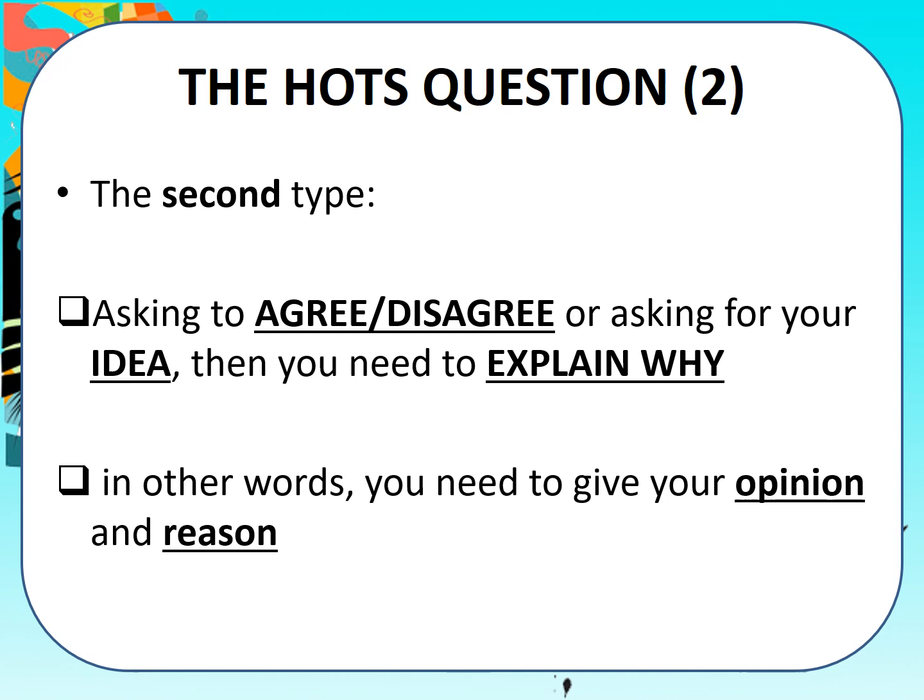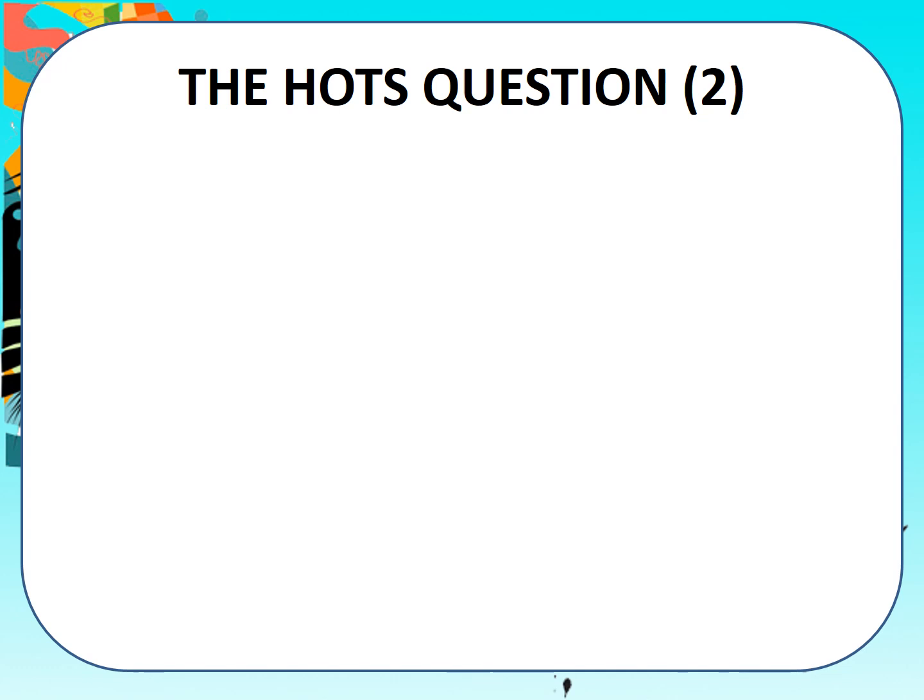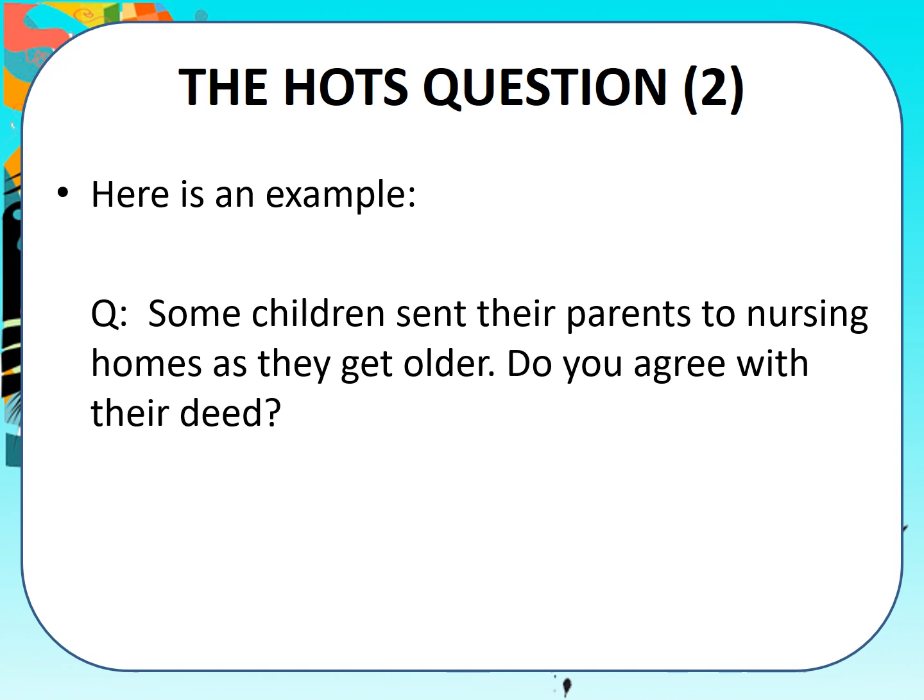Let's look at some examples. The first example, right, some children send their parents to nursing homes as they get older. Do you agree with their deed? You see here, the question asks, do you agree with their deed? Meaning to say, this question is asking for your opinion, whether you agree or disagree.